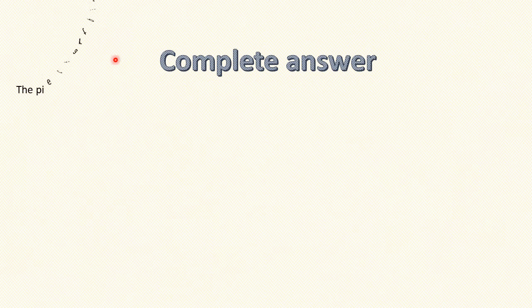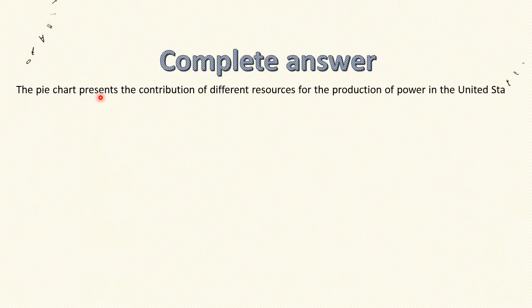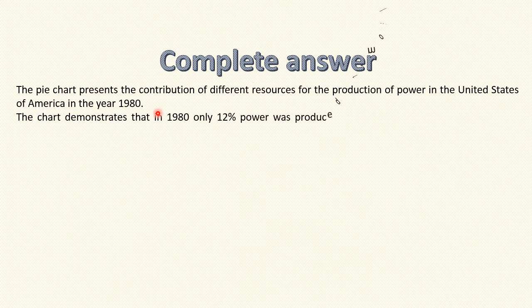And here in this slide you find the complete answer. Let's read the answer again. The pie chart presents the contribution of different resources for the production of power in the United States of America in the year 1980.